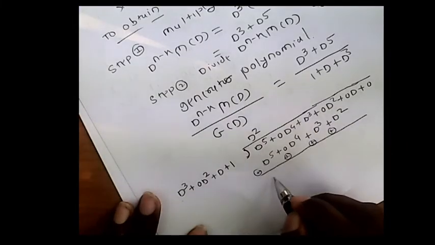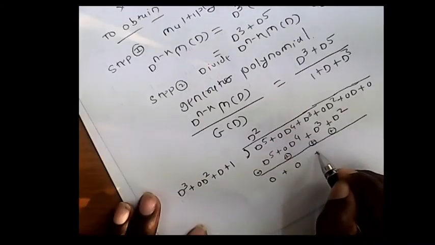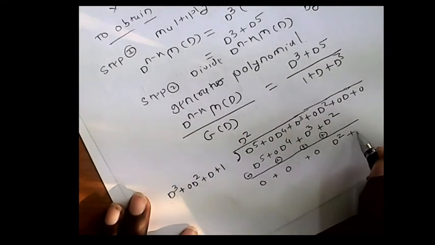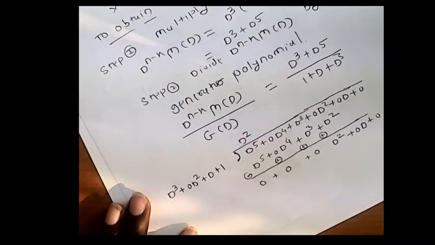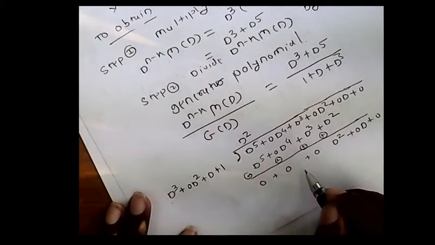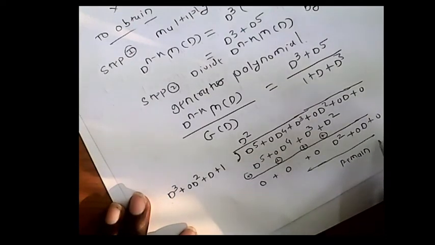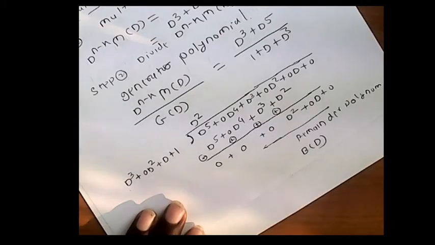After solving, this term is 0, this term is 0, this term is 0, we get d squared, 0 d, into 0. So this is the remainder, that is nothing but the remainder polynomial b of d.